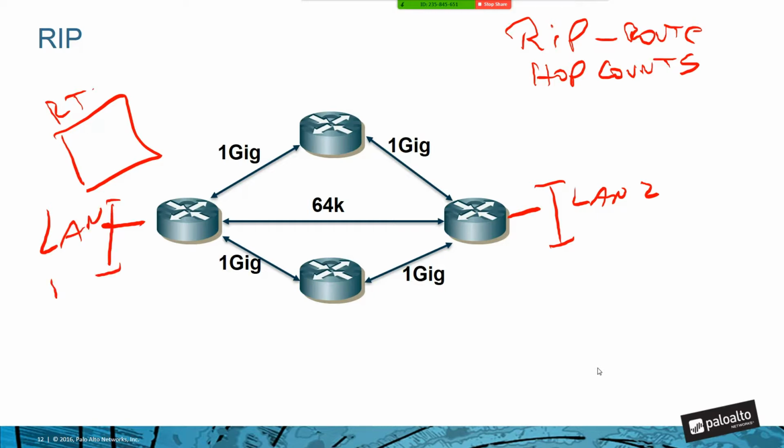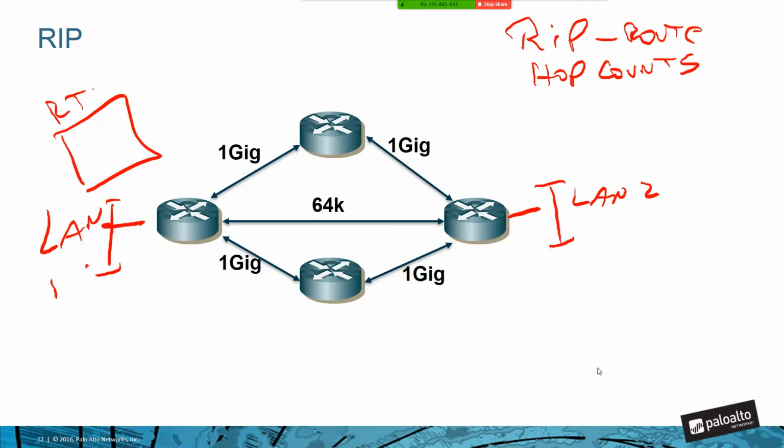If I wanted to go from LAN 1 to LAN 2, I will take a look at my actual little table, and then I will realize that if I wanted to use the 64K connection, it will be only one hop.